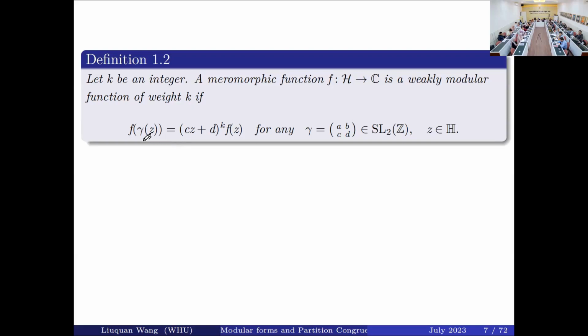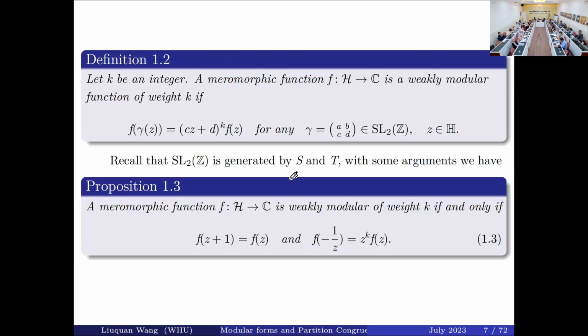That is, f of gamma of z equals cz plus d to the kth power times f of z. And this must hold for any gamma in SL2Z. So this functional equation is the key for a meromorphic function to be modular. And the k here is called the weight of f.